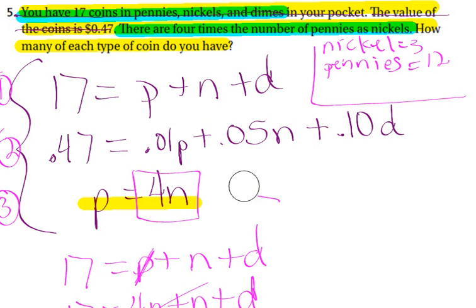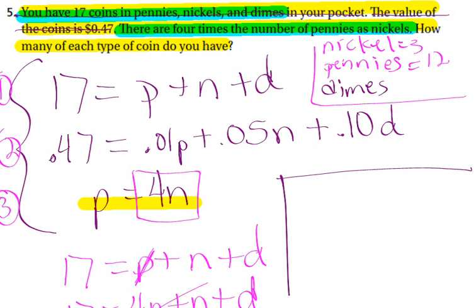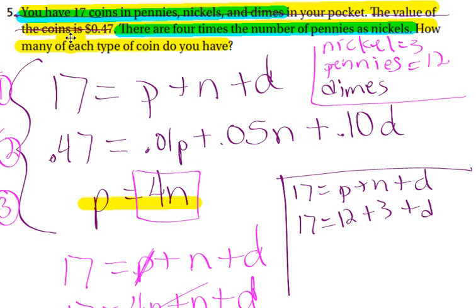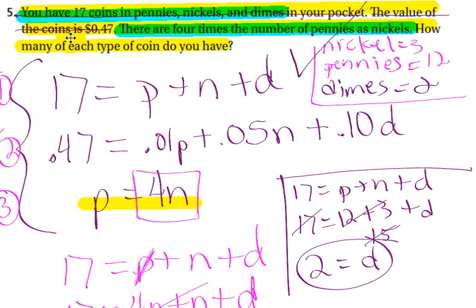And now that we've got nickels and pennies, we can plug that back in and get our dimes. Okay, so let's use our first equation. 17 equals p plus n plus d. And we know the pennies is 12 and our nickels is 3. And let's solve this for d. So that's going to be a 15. And then subtract 15 from each side, and you get 2 is equal to d. So we have 2 dimes. And that's our answer.